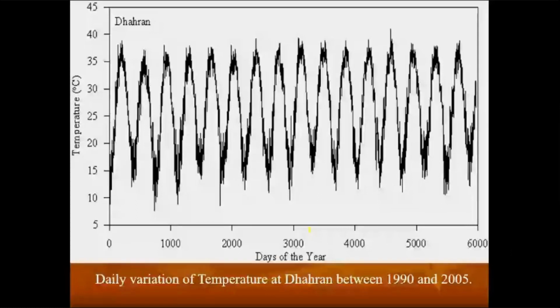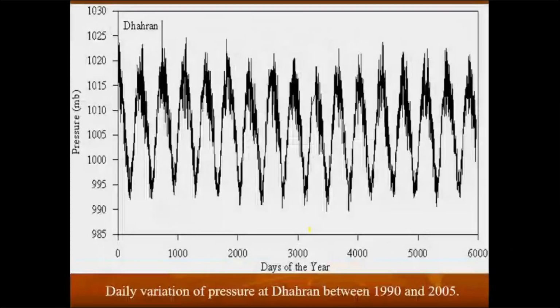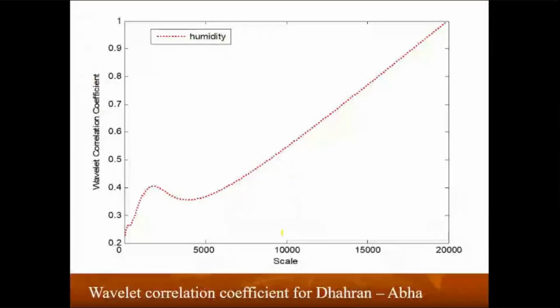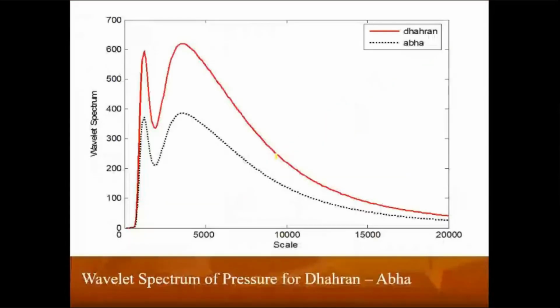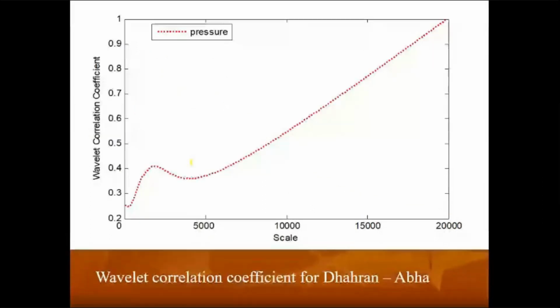This type of graph is given, so we cannot explain anything here. But if we see these two graphs in comparison of Dhahran and Abha, we can see how the pressure varies. This is the wavelet correlation coefficient for Dhahran and Abha.